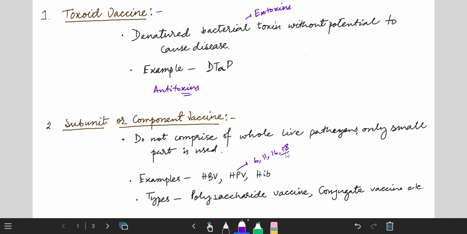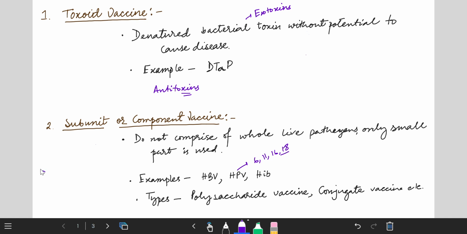Now, what are the categories of subunit or component vaccine? These can be polysaccharide vaccine, conjugate vaccine, recombinant vaccine, protein-based vaccine, etc. Now, what are the two ways to make this kind of subunit or component vaccine?